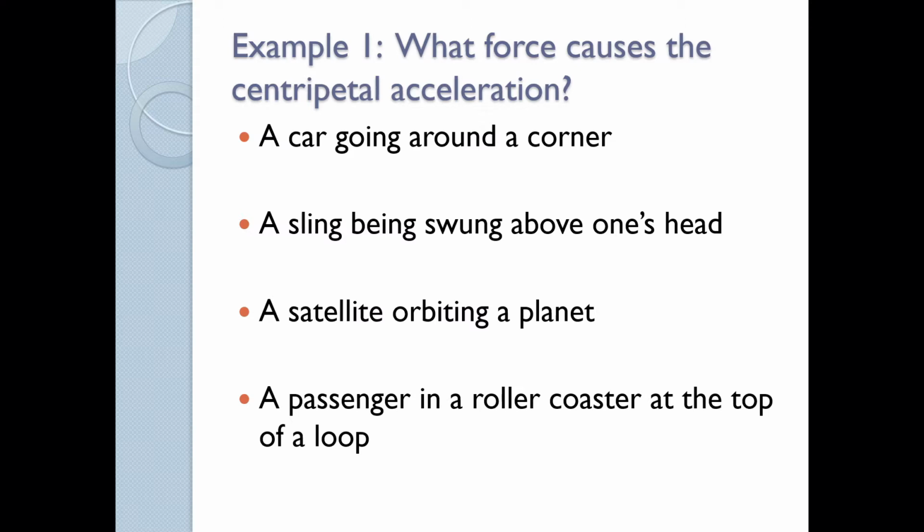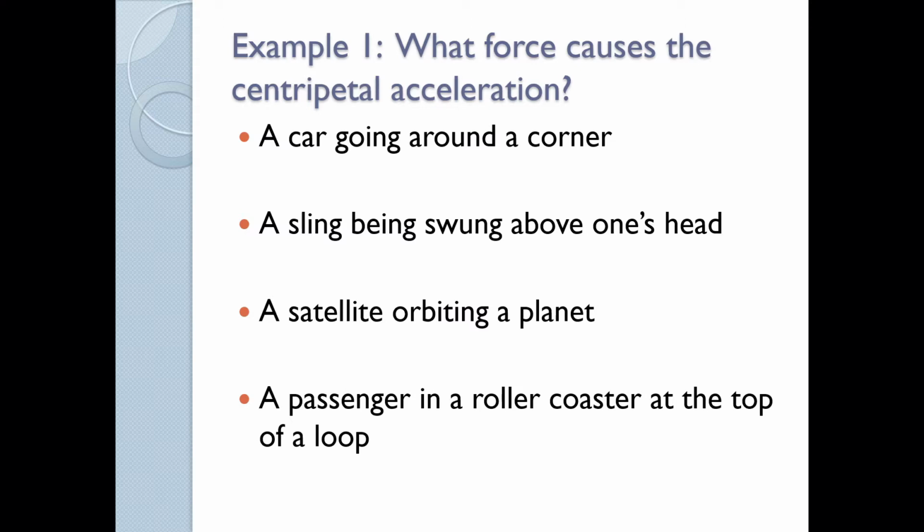And I want to take a moment to think about what would cause the centripetal force in each of these situations. And then by extension, that centripetal force would cause a centripetal acceleration. So I'd ask you to pause the video here for a moment, look at the four situations, and then think what causes each of these situations. Then once you've paused and thought about it, you can continue watching the video.